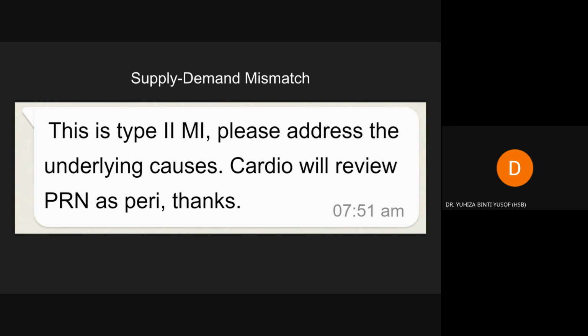So it's only diagnosed once PCI is done. If the PCI shows no atherosclerosis, then it's type 2 MI. Otherwise it is all because of atherosclerosis, acute coronary syndrome, because of a block there. So they can't say type 2 MI, but cardio can say it. But for you guys, type 2 MI is only diagnosed PCI negative.